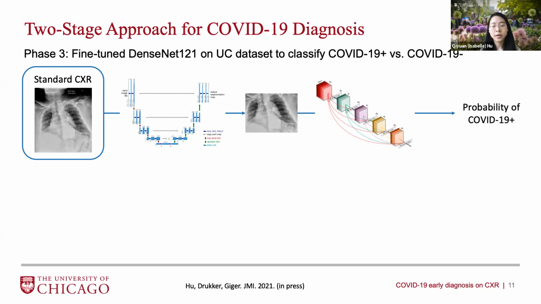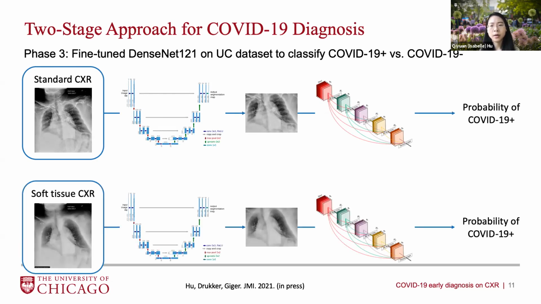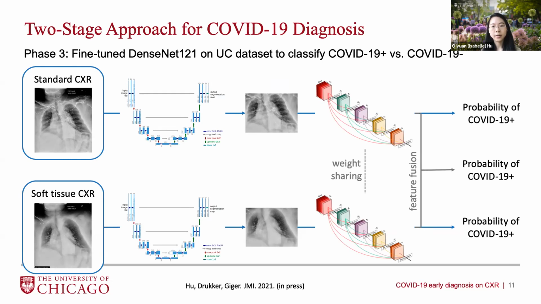We compared doing and not doing segmentation and cropping before classification. And we fine-tuned the model on both standard and soft tissue CXR separately, as well as the combination of the two merged in a feature fusion manner, where the two DenseNet 121 models were trained with shared weights and their latent features were concatenated prior to the classification layer.